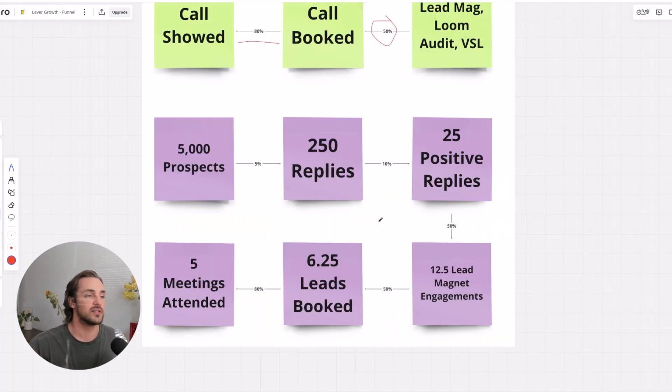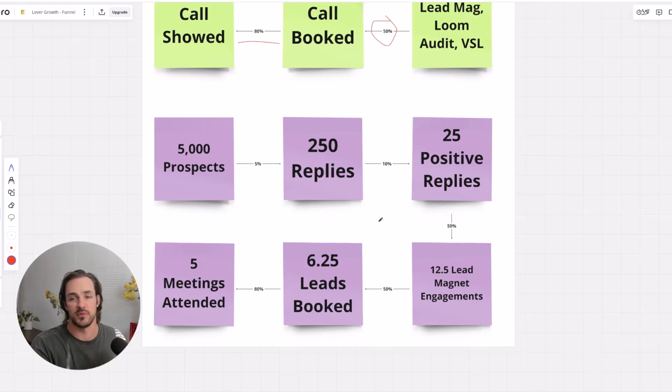In terms of how this actually looks for a campaign, assume you have 5,000 prospects. You should be looking for around 250 replies, of which 25 replies will be positive, 12 and a half people will engage with those lead magnets, and you'll book in 6 leads plus or minus, assuming an 80% show up rate. So that's going to be 5 meetings booked and attended.